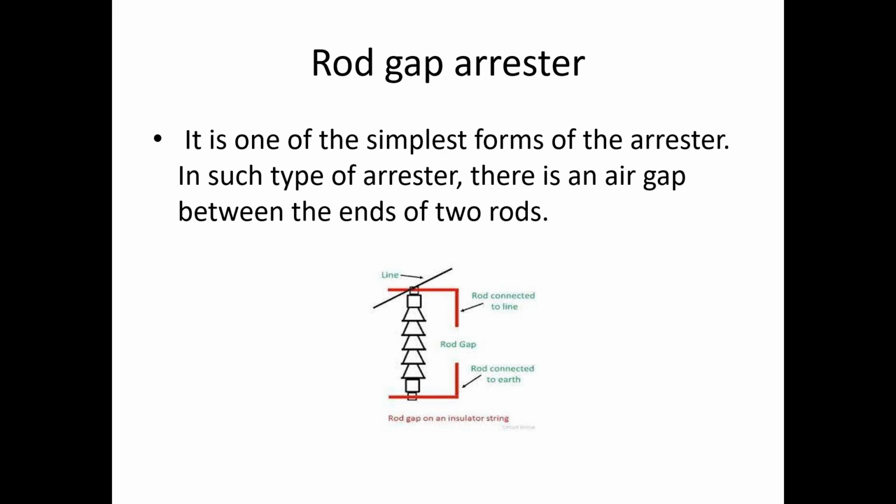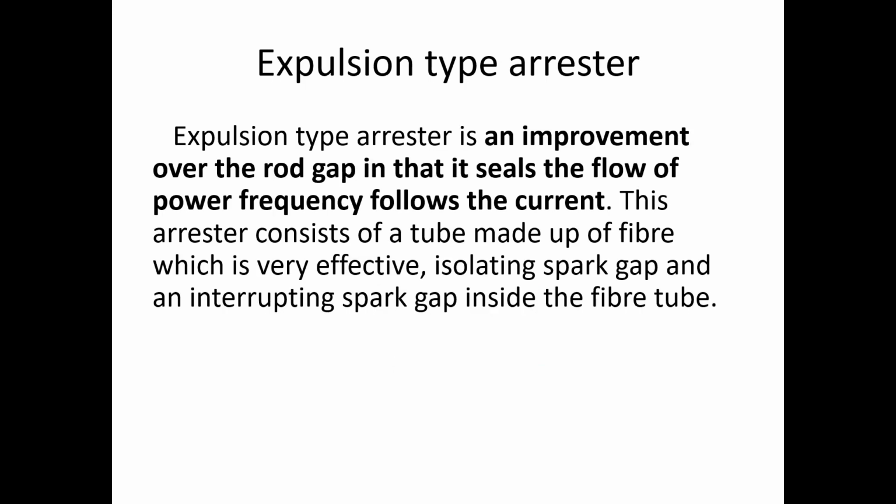And the last topic is the expulsion type lightning arrestor, which we also call a protector tube. It's also a device which is used to protect equipment or a transmission line against lightning. The major reason why this expulsion type lightning arrestor is preferred the most is nothing other than the arc extinguishing capability.